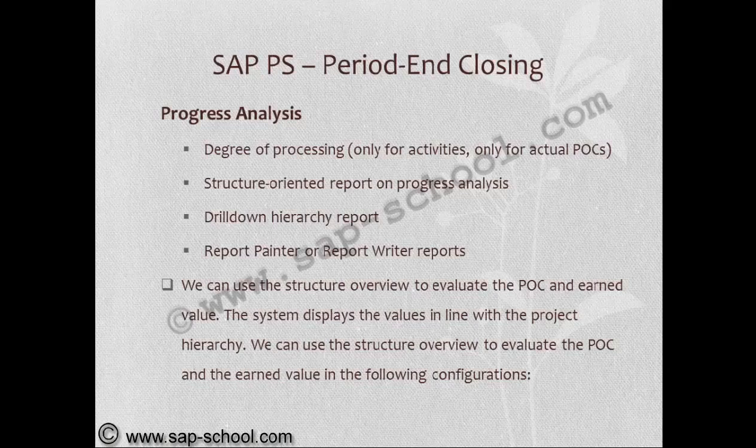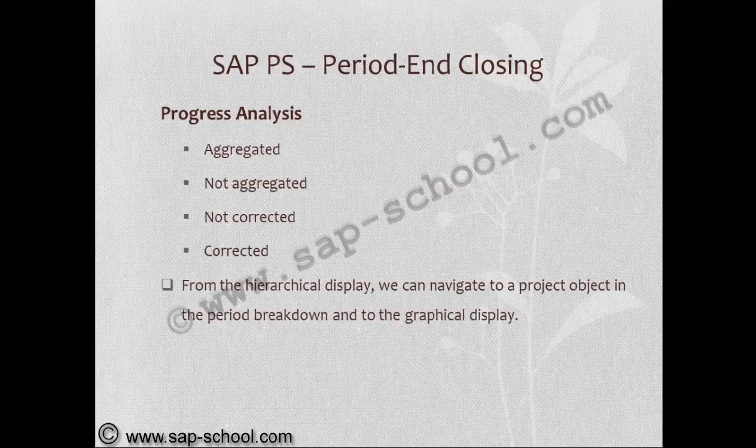We can use the structure overview to evaluate the percent of completion and earned value. The system displays the values in line with the project hierarchy. We can use the structure overview to evaluate the percent of completion and the earned value in the following configurations: aggregated, not aggregated, not corrected, corrected.